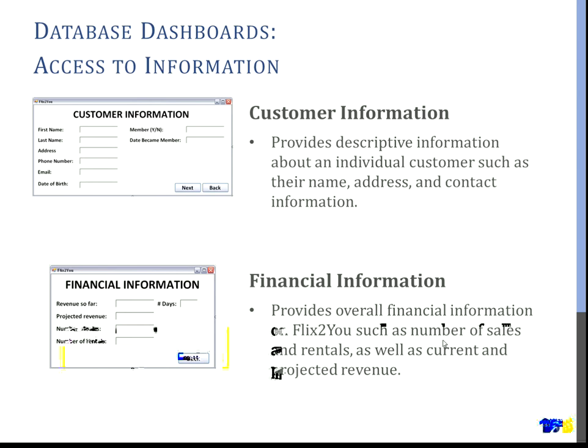The next dashboard is the financial information, which is also meant for your management team. This will provide financial information on Flix2You as a whole, such as the number of sales and rentals in a certain amount of days, as well as current and projected value.